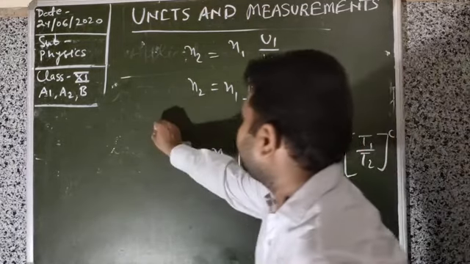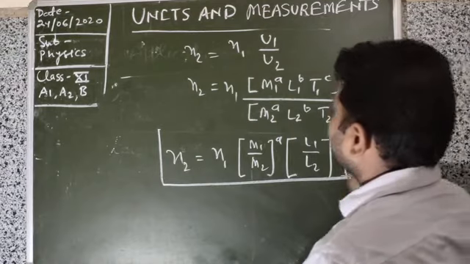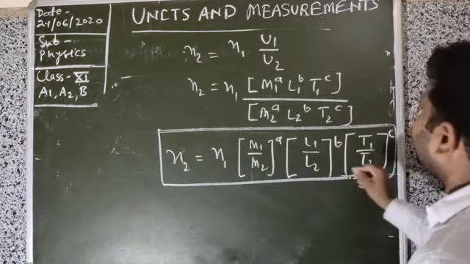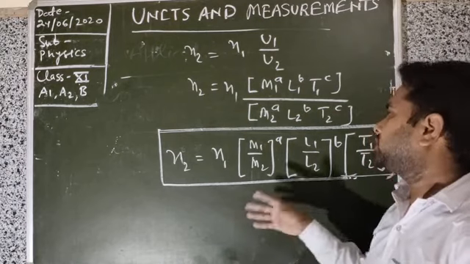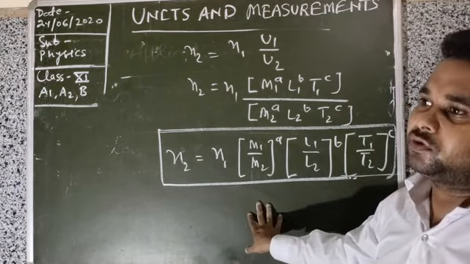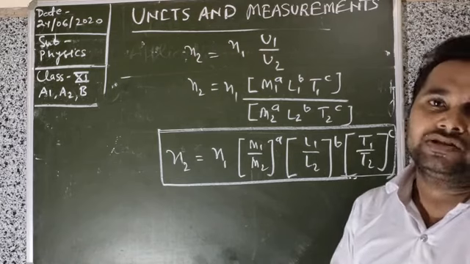So this is our formula, which you can use directly for conversion of a given physical quantity from one system of unit into another system of unit using the dimensional method.